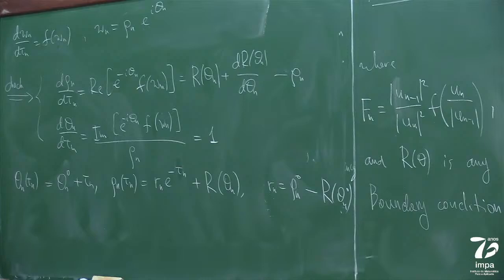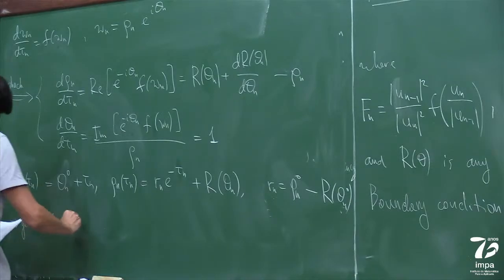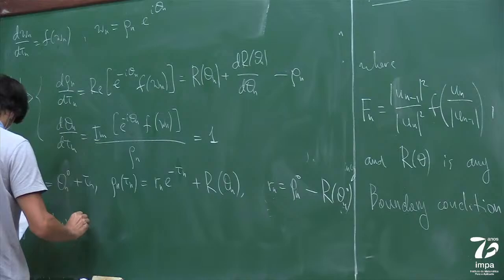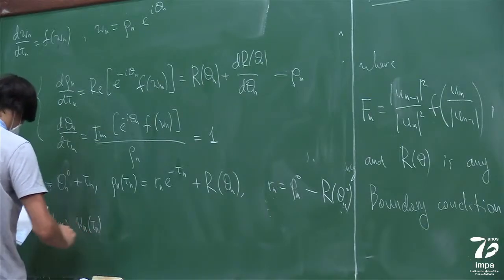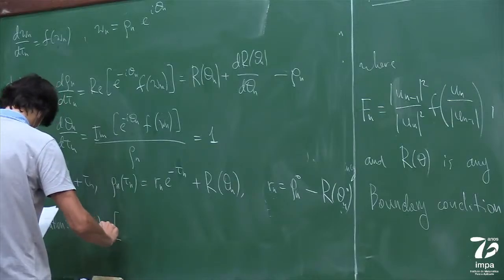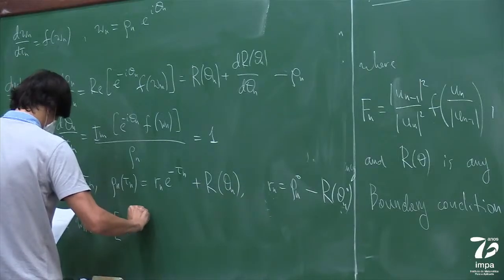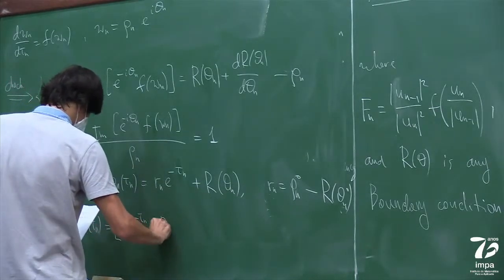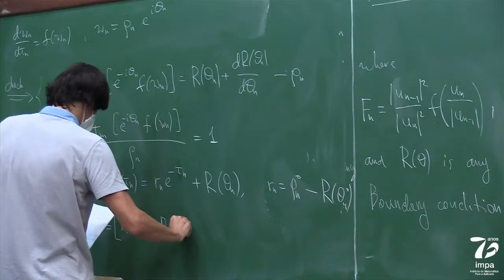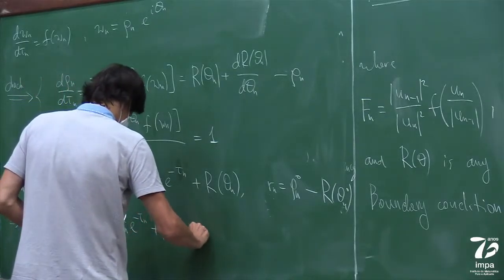So we have an explicit solution, and putting this back into the formula, we get the general solution, in terms of initial conditions explicitly.